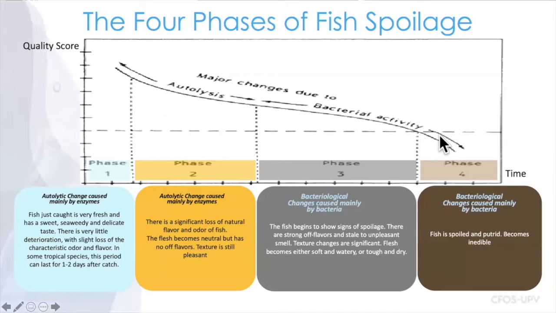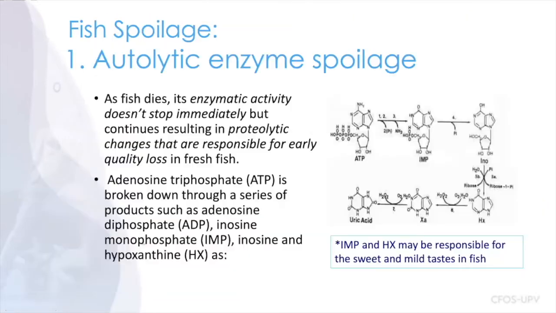Para ma-detect mo na it already has an unacceptable flavor and odor. So ito yung rejection limit for this particular species. So I guess this figure was taken from FAO, and I'm not sure if the fish sample for this graph is a cod. Okay, anyway, so that's how you create your own graph.